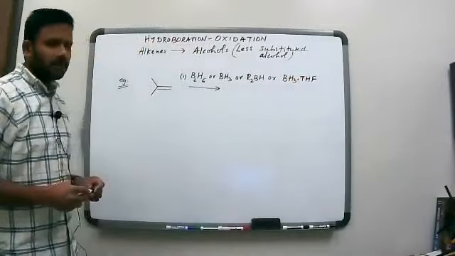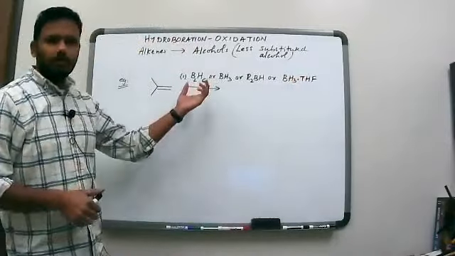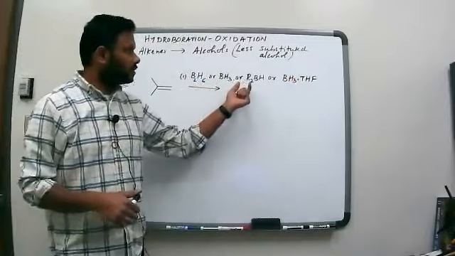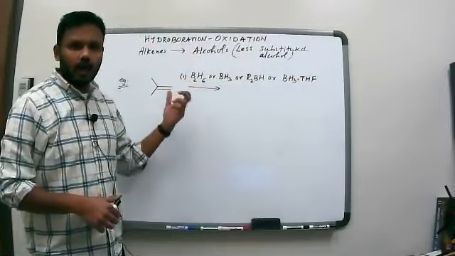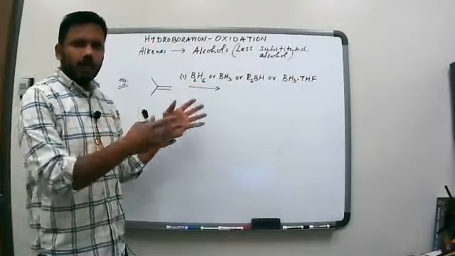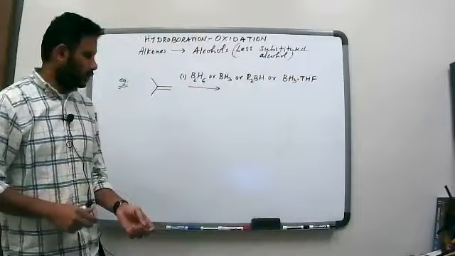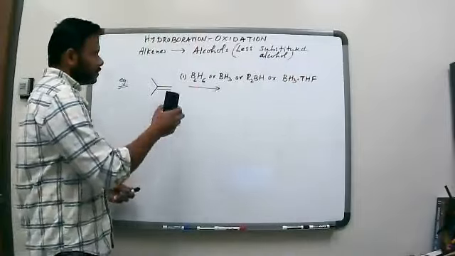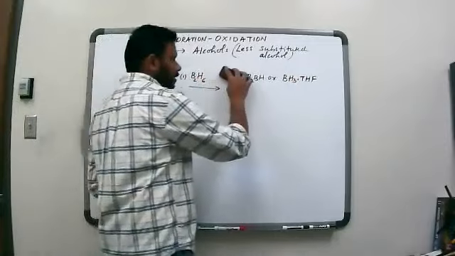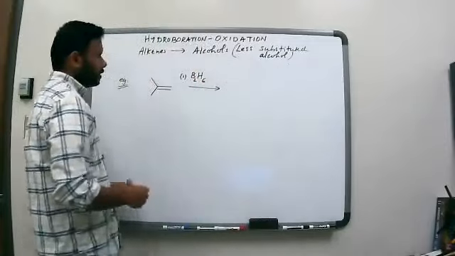But anytime you see a borane-based reagent which has at least one hydrogen on that boron atom, relate it to a hydroboration-oxidation. So we're going to use this B2H6. We'll talk about that later, but any of these possibilities are there.